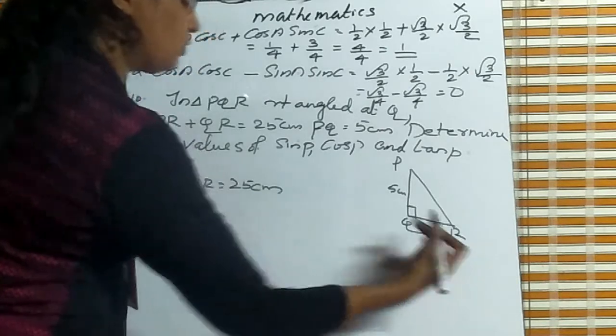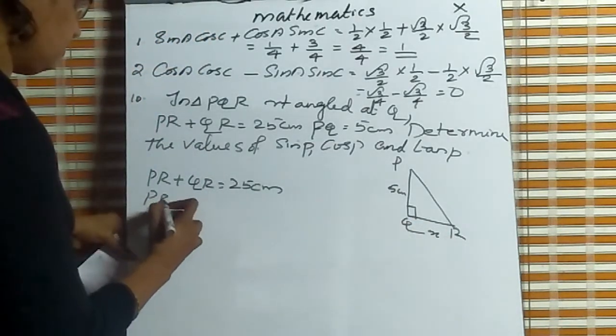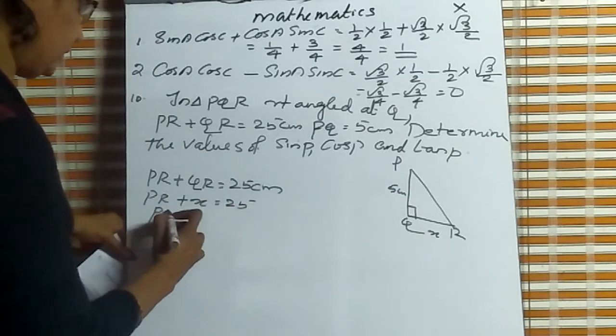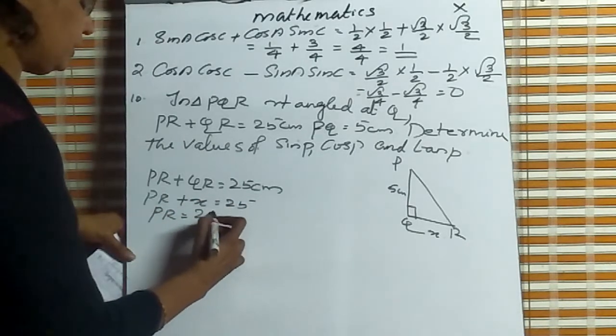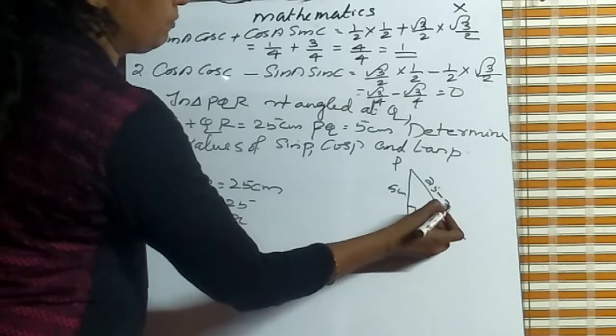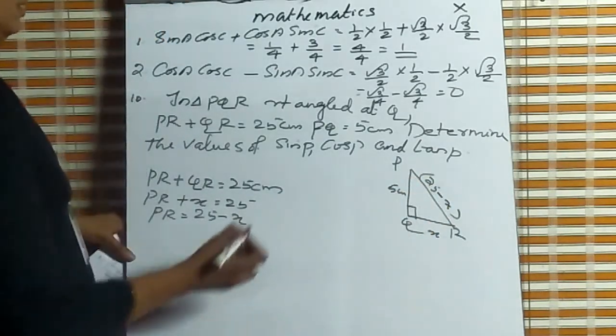Take QR is equal to X. PR plus X is equal to 25. Therefore, PR is equal to 25 minus X.